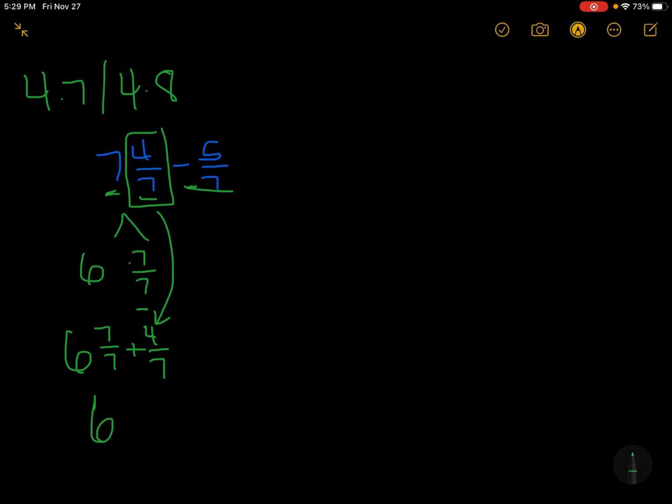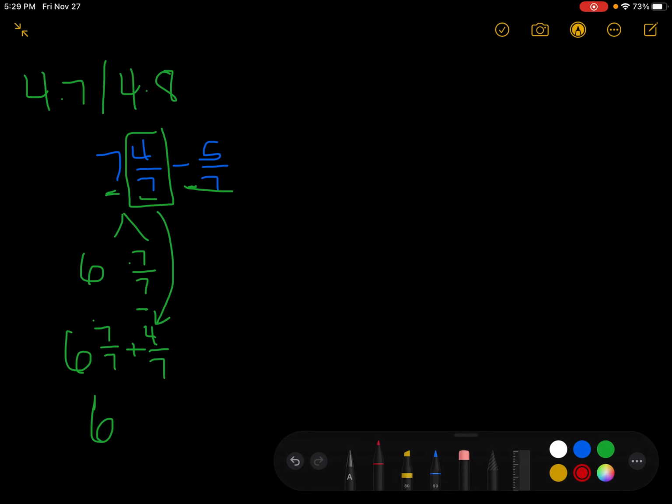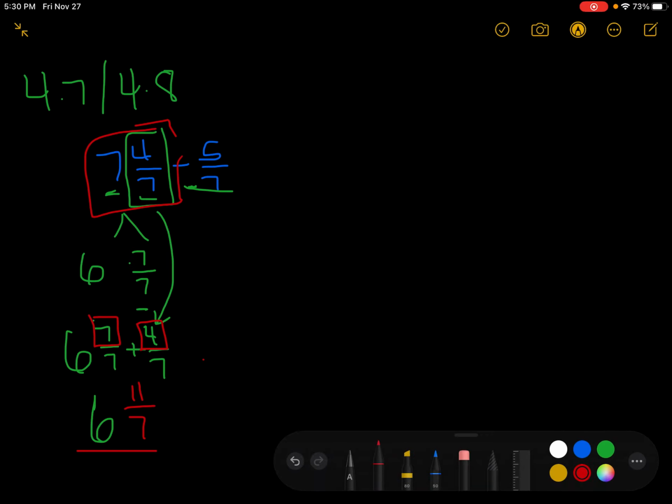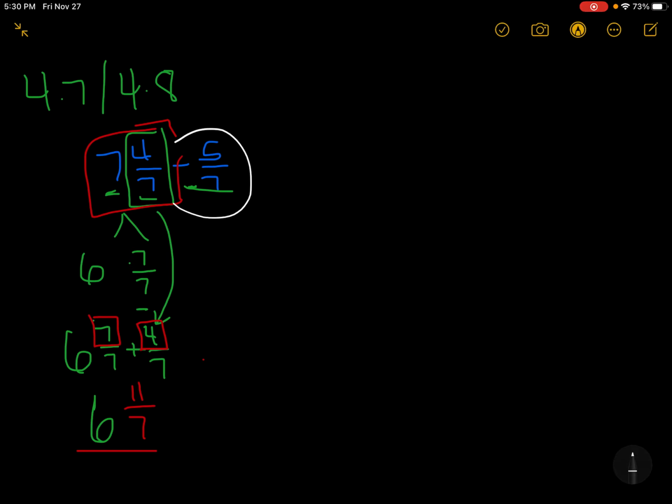I know that adding these together would be 6 wholes, and then I can add the numerators here of my fractions, 7 and 4, which is 11/7. And now I can go ahead and rewrite my problem. So all of this is the rewritten version of 7 and 4/7. I'm going to drop down or rewrite the remainder of my problem here, which is minus 5/7.